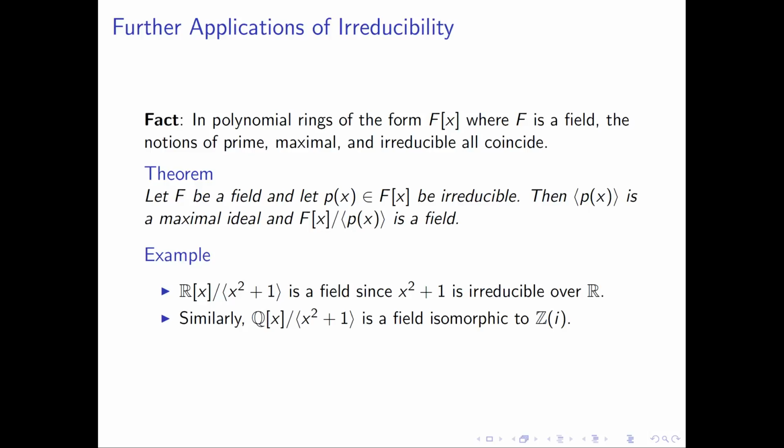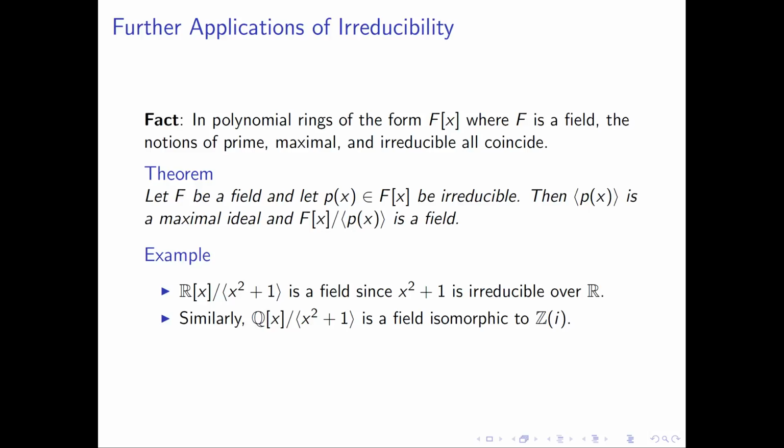In a similar way, I'm not going to prove it, but the ideas are really similar. The polynomial x squared plus 1 is irreducible over the real numbers. It's equally irreducible over the rational numbers. And if I can't factor it as real polynomials, I certainly can't factor it as rational polynomials.